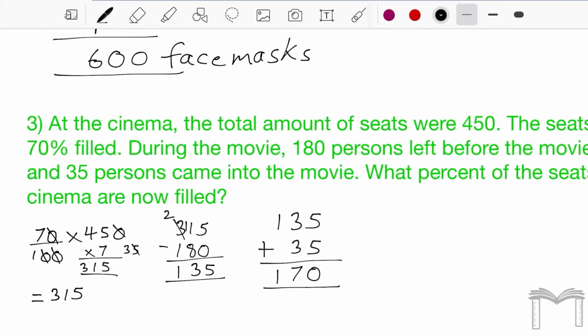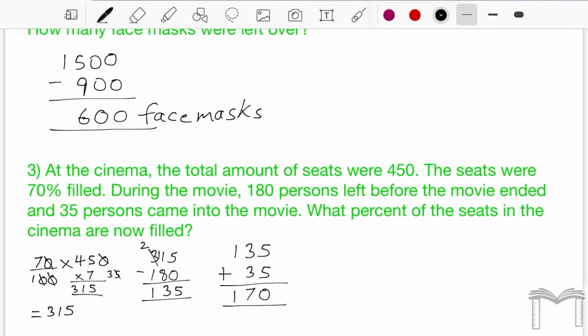No, it was correct. This is supposed to be 145. So let's change that back. My apologies.